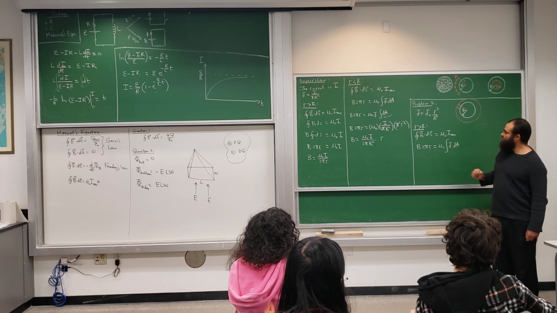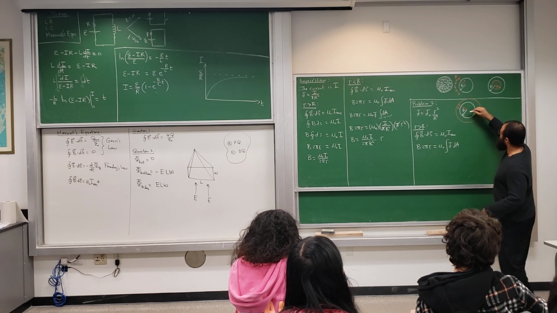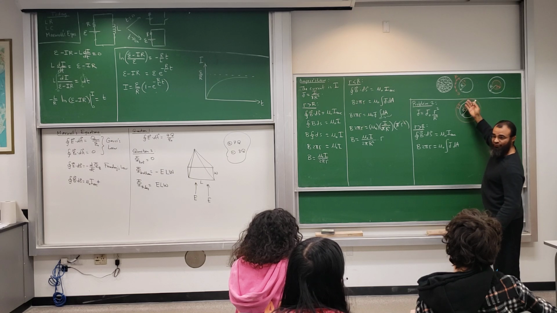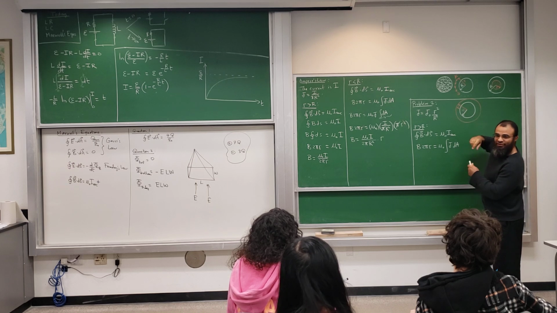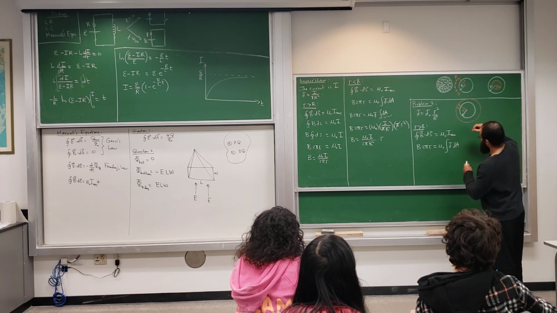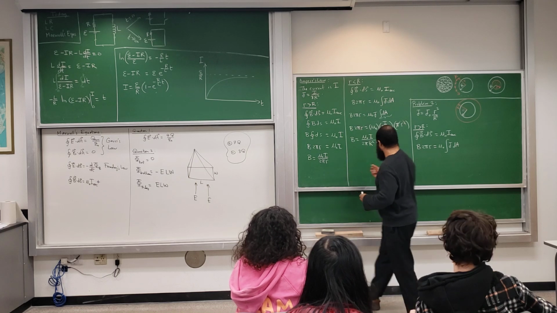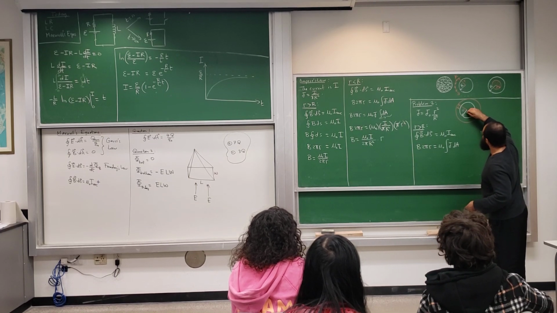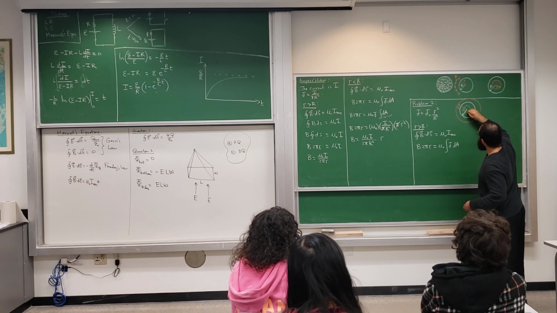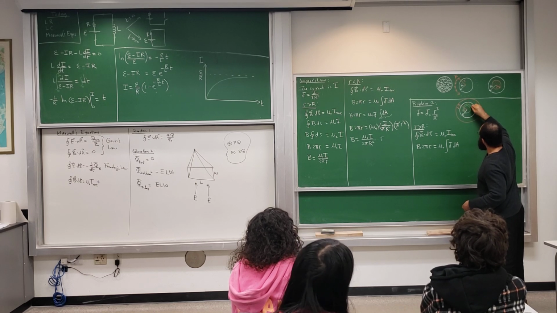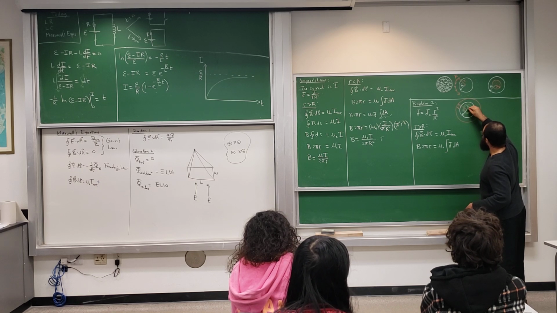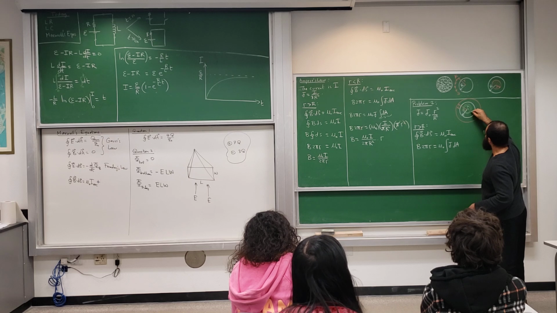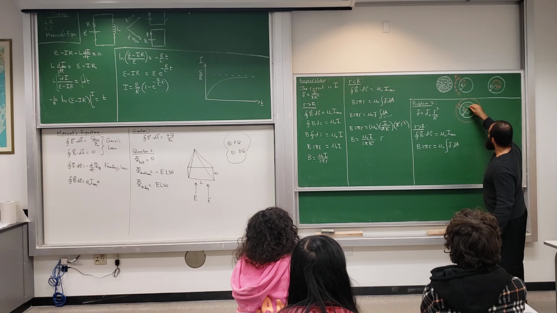What's dA? I need to find the total current that comes out of here. So let me draw in a different color, green. Let me take a little area here. The area will have radius, let's say R, but I'm using R twice, so let's use R prime.